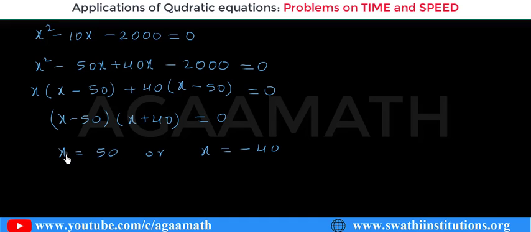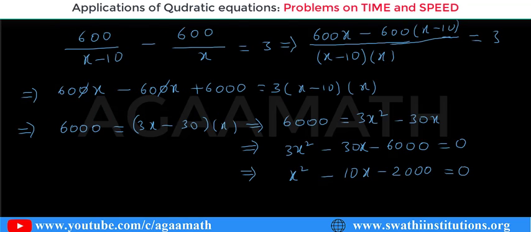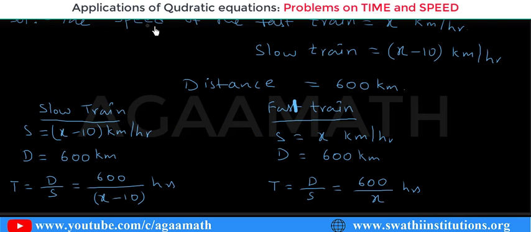That means x we have taken for the speed of what? Speed of the fast train. Here we can see the speed of the fast train equals x kilometers per hour, right? So here the speed of the fast train is x and the slow train is x minus 10, right?